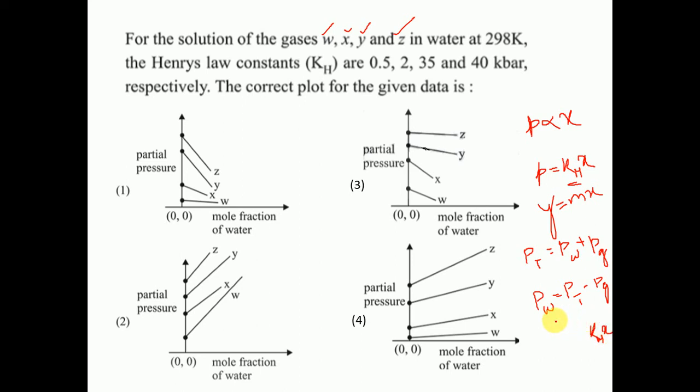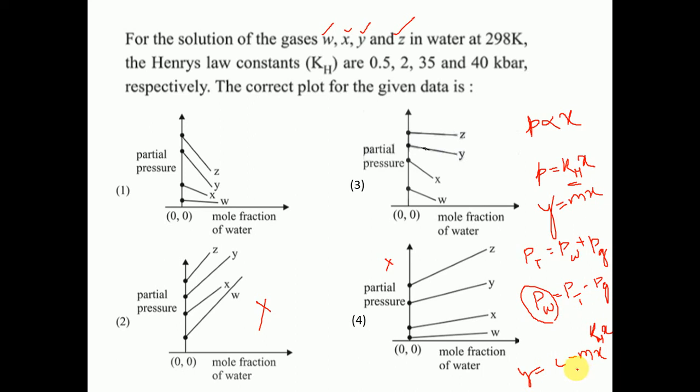And we know the partial pressure here will also be directly proportional to its mole fraction. So we will take this equation as y is equal to C minus mx. So the slope will be negative. So these options, 2 and 4, are not correct. The correct option can be 1 and 3 because the slope here should be negative, right?